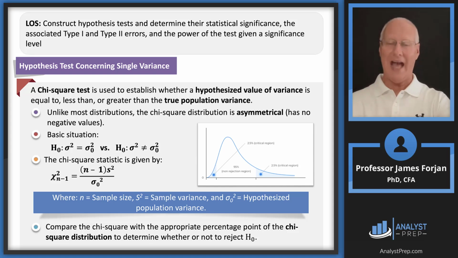Hypothesis test concerning a single variance. All right, now I'm going to ask you to remember what we did in a previous learning module. Remember when we did returns and we said monthly stock returns probably follow a normal distribution, or at least a nearly normal distribution. But what about stock prices?